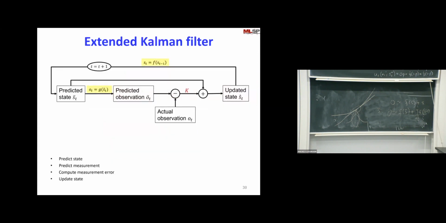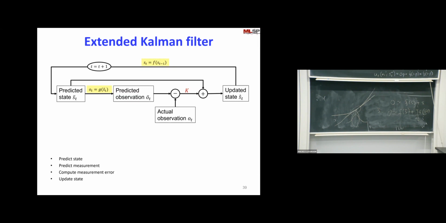So anyway, this is the extended Kalman filter. You have an initial state value. Based on the state value, you're going to predict the next state value, right? By just putting it through the state equation. You have an initial state uncertainty. You use the linearized version of the state equation to predict the new uncertainty.